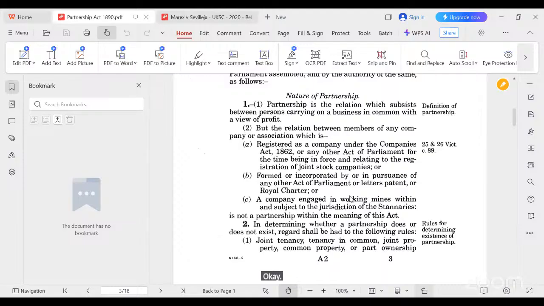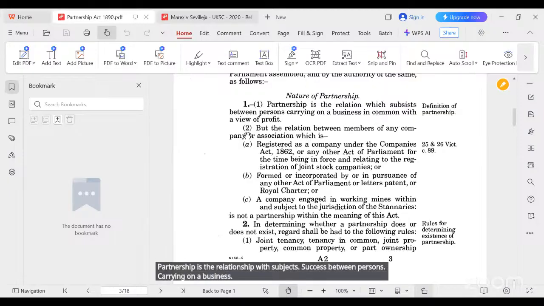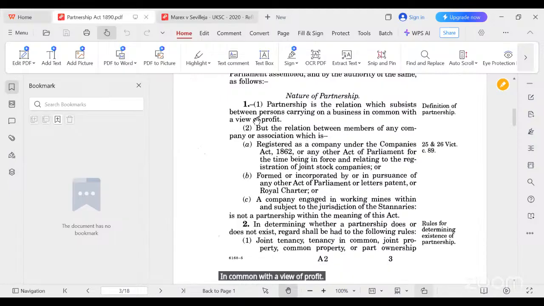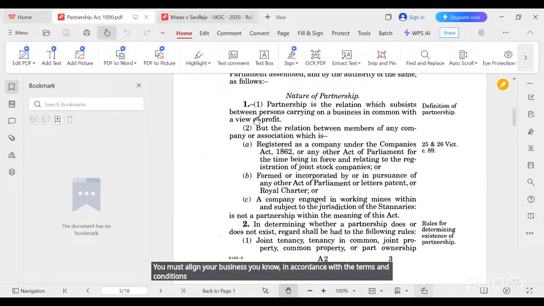Now, look at the definition of this provision. It says, partnership is the relationship which subsists between persons carrying on a business in common with a view of profit. This is a definition of partnership. So what this means is that this provision, because it's defining the concept of partnership under this law, is compulsory for anybody going into partnership. You must align your business in accordance with the terms and conditions and expectations of this section.